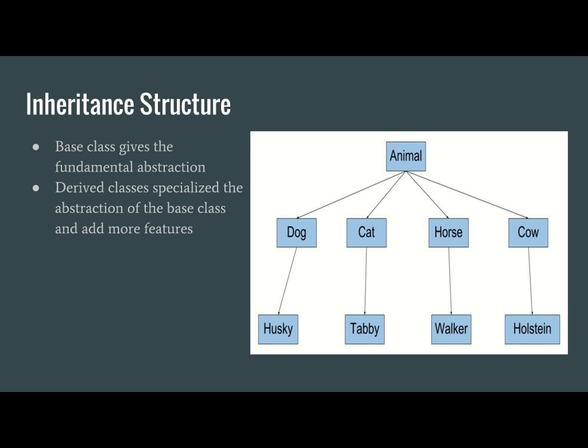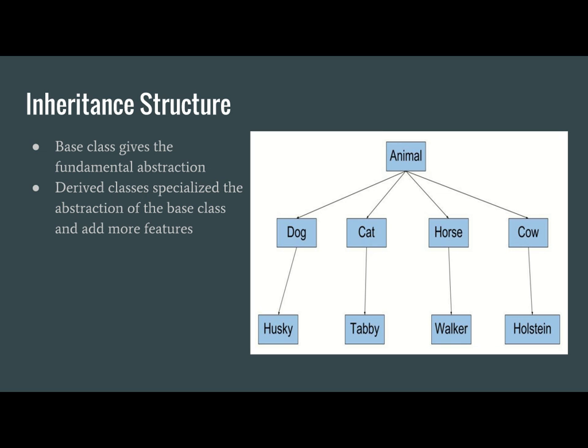Okay, so what does inheritance look like when we actually do it? We start from a base class, such as animal, and then we can derive some other, a little bit more specific and specialized classes for animals, such as dog, cat, horse, and cow. They all belong to animal.